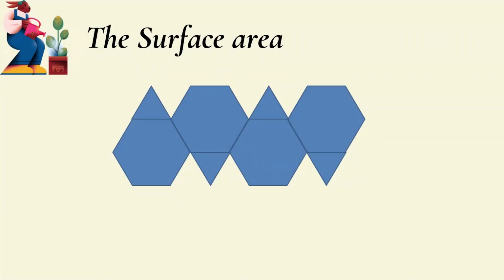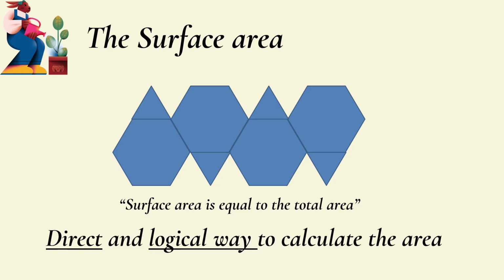Next, we justify the surface area using the net. Since there are 4 hexagons and 4 triangles, the total surface area is obtained by summing the area of all these faces. Therefore, the surface area is equal to the total area of 4 hexagonal faces plus 4 triangular faces. This shows that the net provides a direct and logical way to calculate surface area.